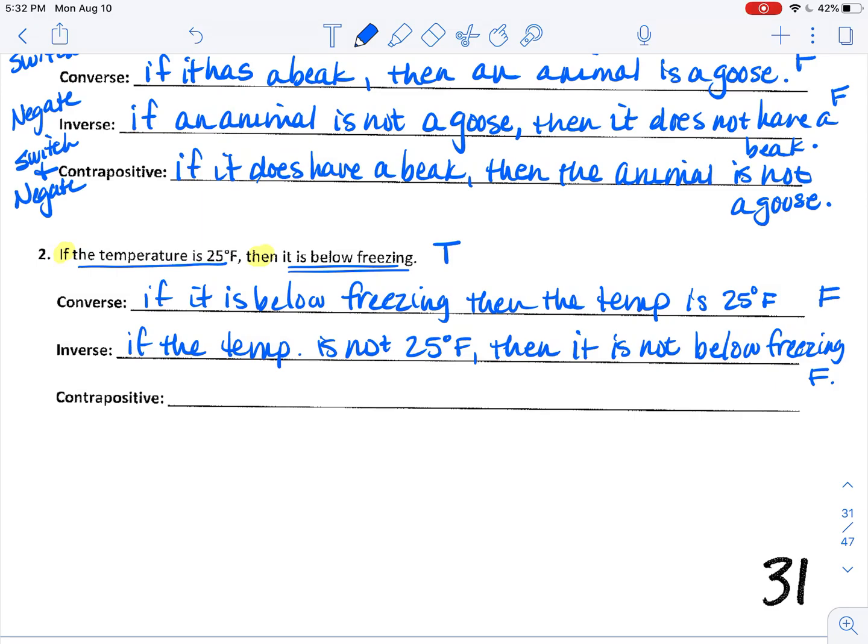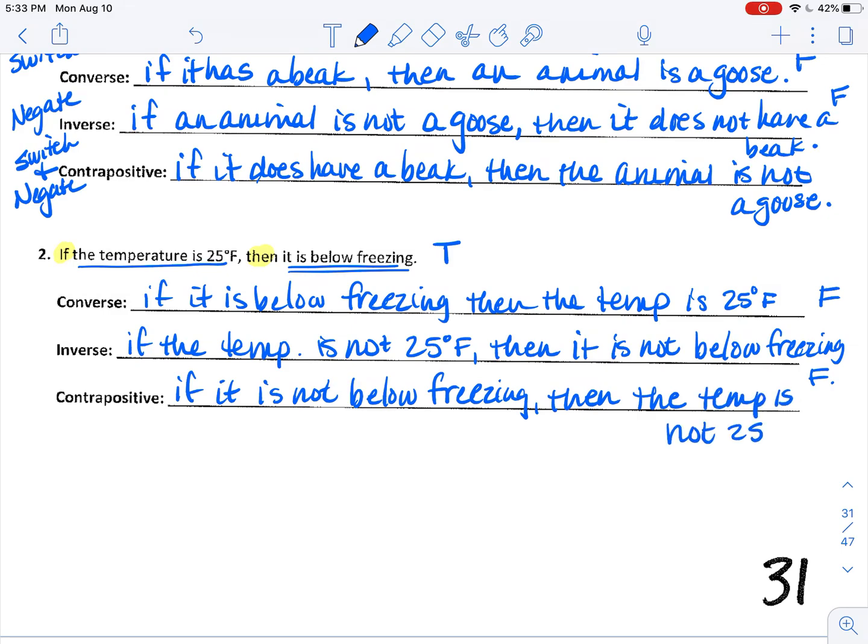And the contrapositive, go back to the converse and negate it. If it is not below freezing, then the temperature is not 25 degrees. So what do you think about that one?